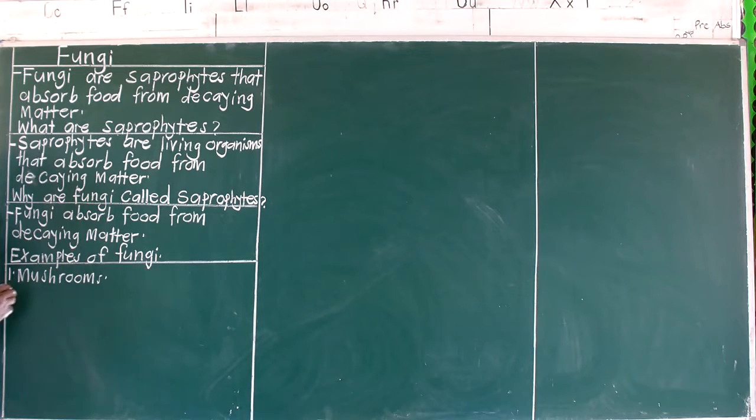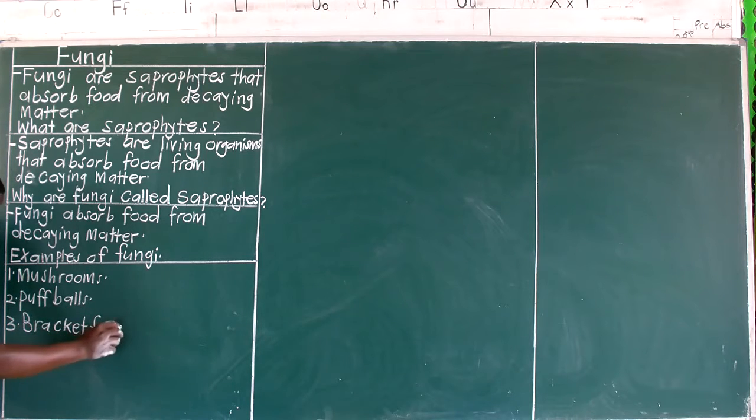Number two, we have puffballs. Number 3, we have bracket fungi.